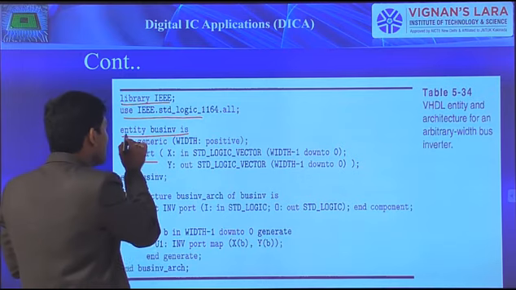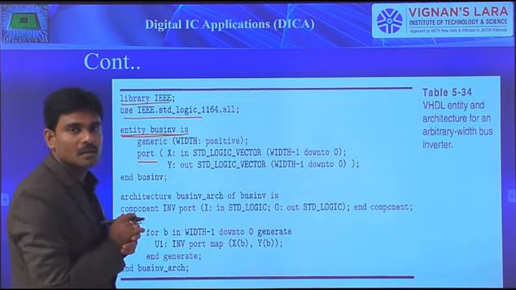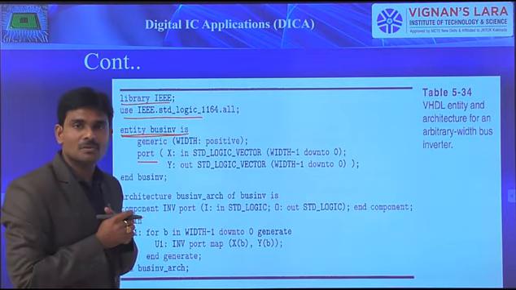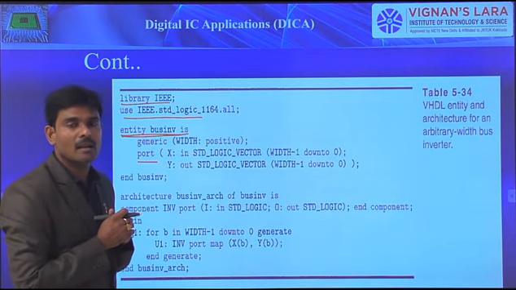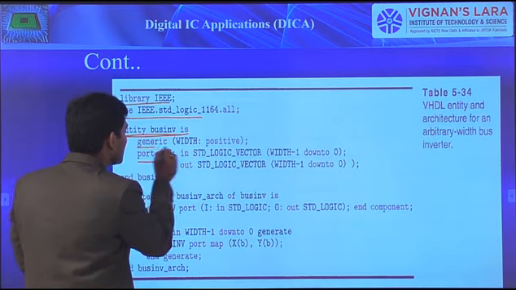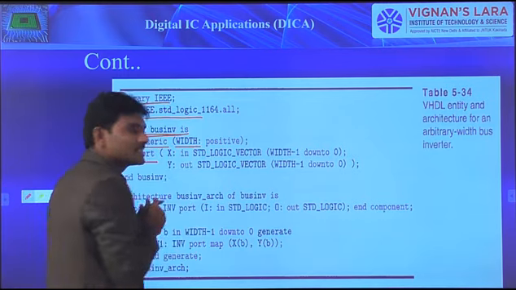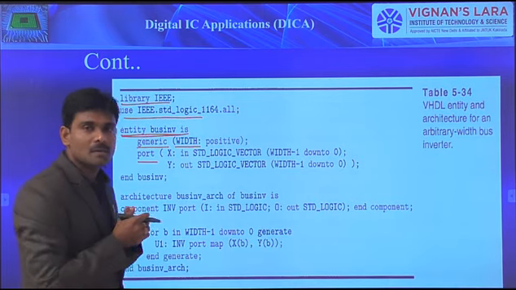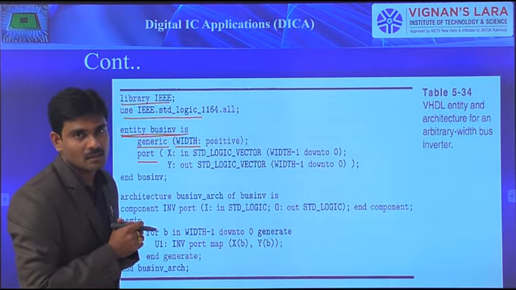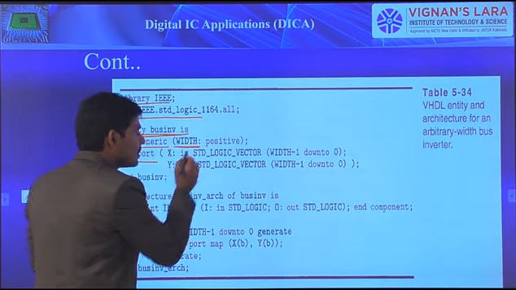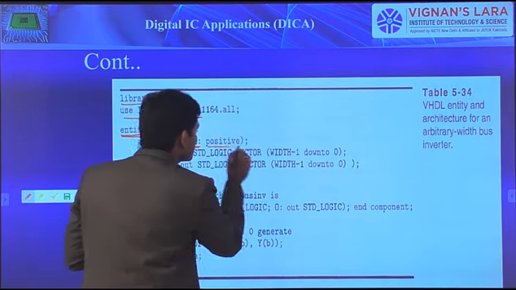So after declaring the entity name, immediately we insert the generic declaration part. It starts with the keyword generic. Then the constant name: here I mentioned the constant name as width, and the type is positive.